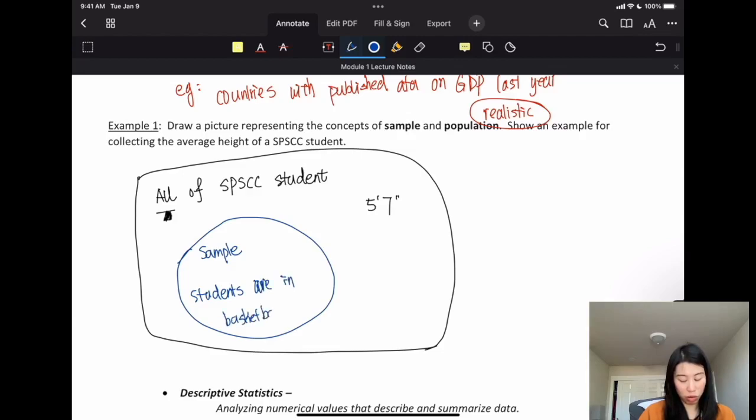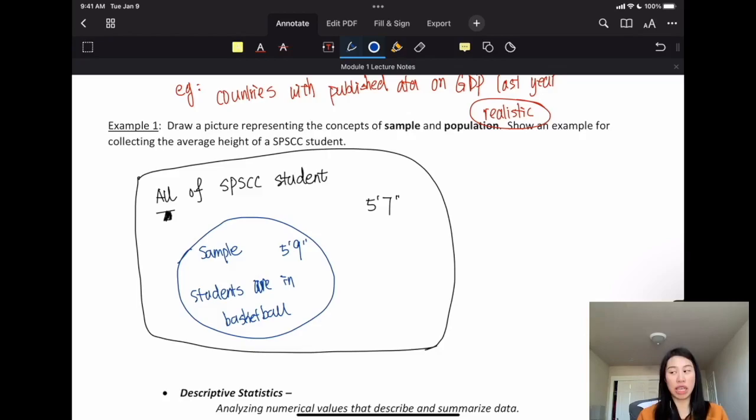This could be a sample. Maybe it's not a good one because it's not representative, right? It's not randomized enough. So maybe the result comes back as the average height of students being 5'9", which we know is not accurate, right? Because if we just draw the data from students on basketball teams, since they're athletic, they tend to be taller than other students.